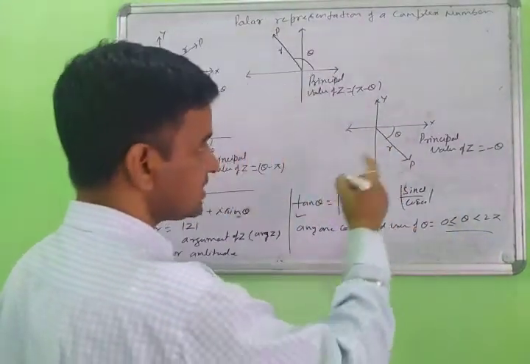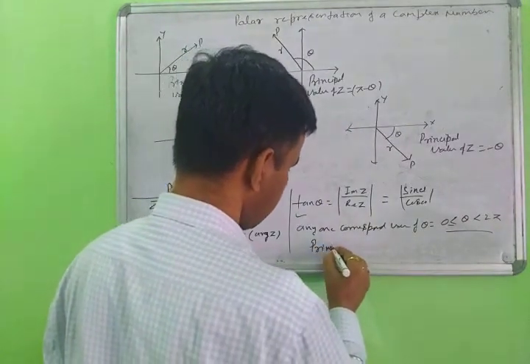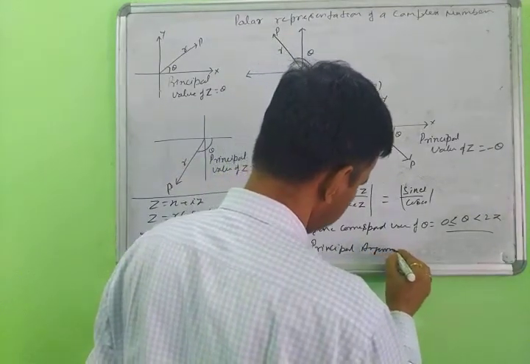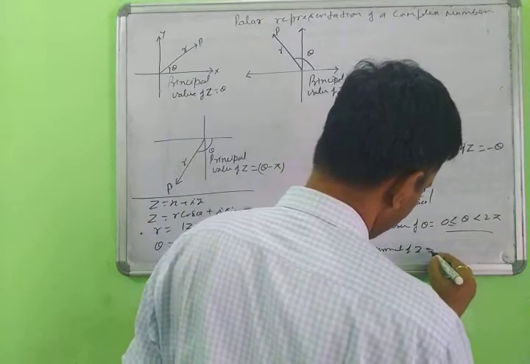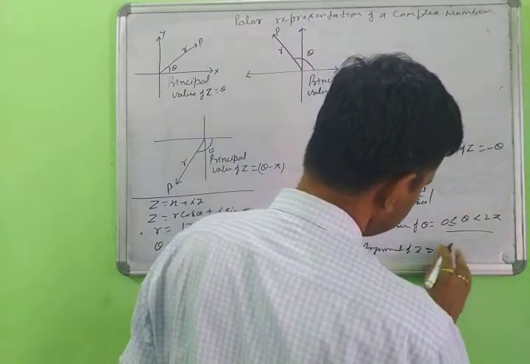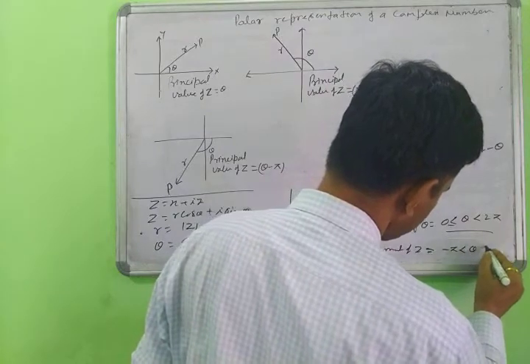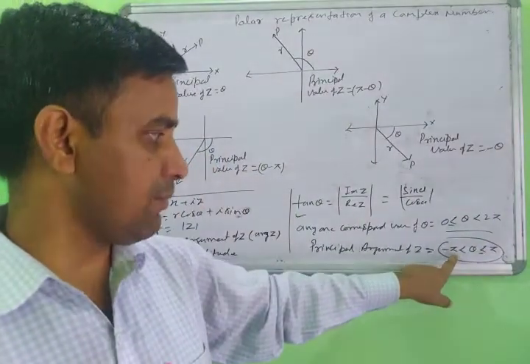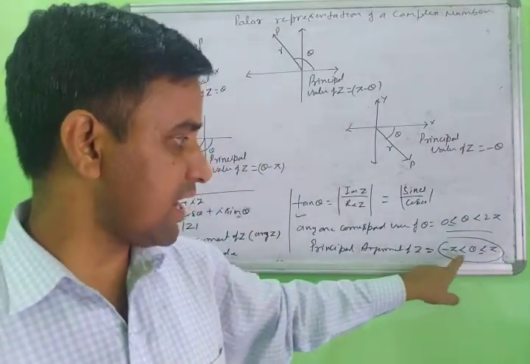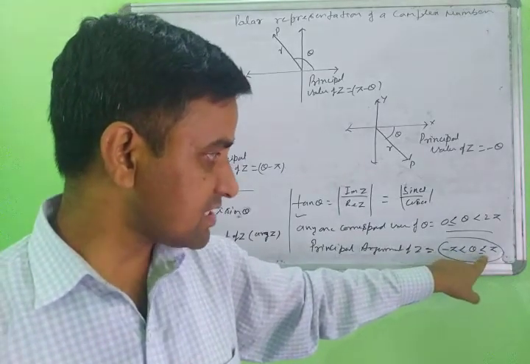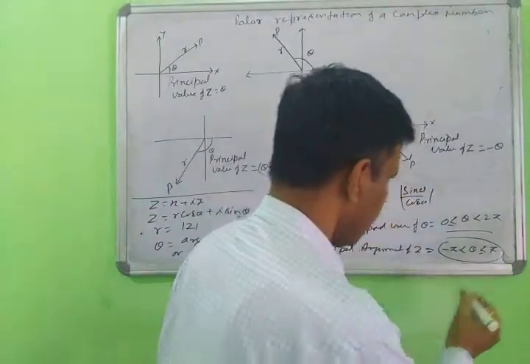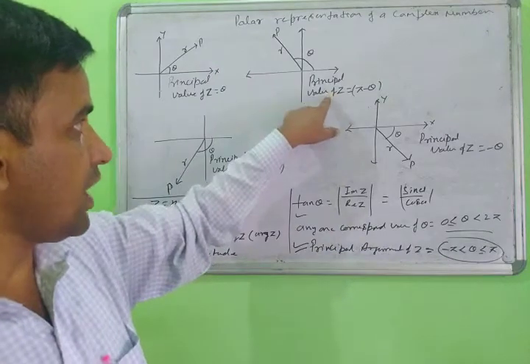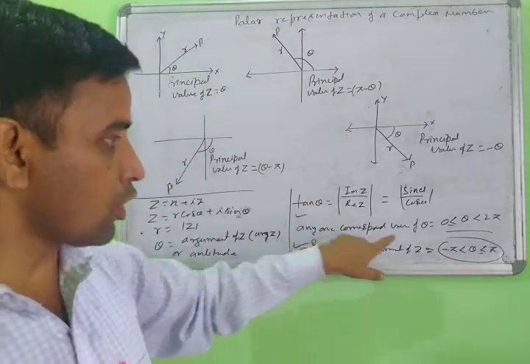We will count only the principal argument of z, which is minus pi less than theta less than or equal to pi. It means your theta value will always be considered from minus pi to plus pi, because we are taking the principal argument value, not the corresponding value.